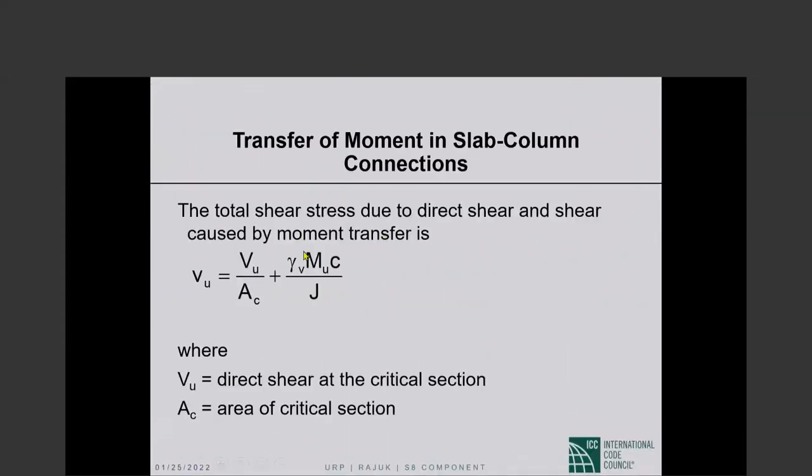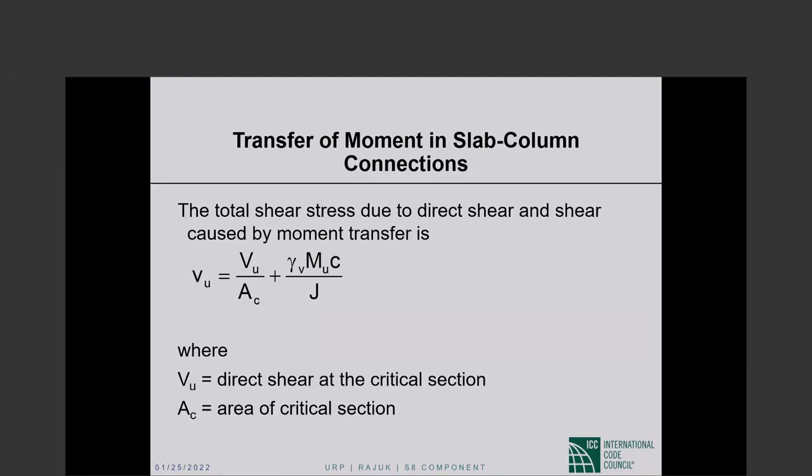Now the part of the unbalanced moment that is transferred by shear, gamma sub V times M sub U, causes shear stresses on, let us say, the right face and the left face of the critical section. No shear stress on the front face and the back face, okay, which is equal to this moment divided by the polar moment of inertia of the critical section.